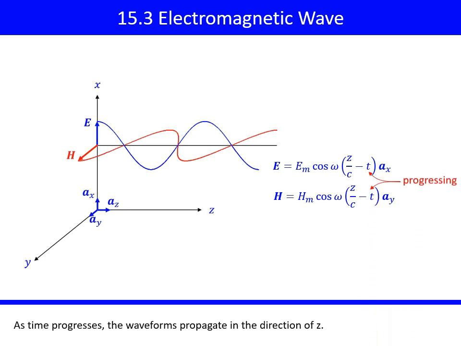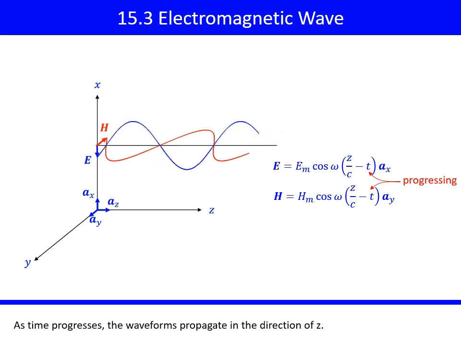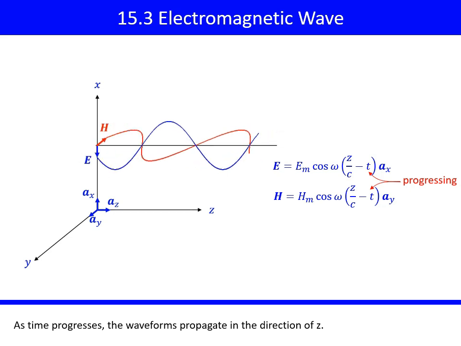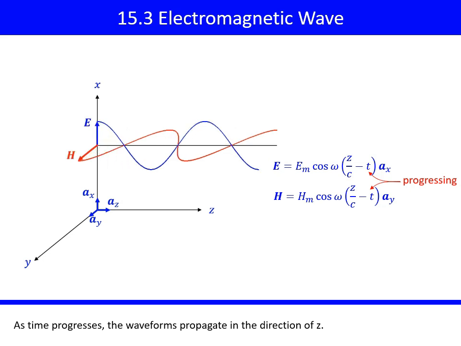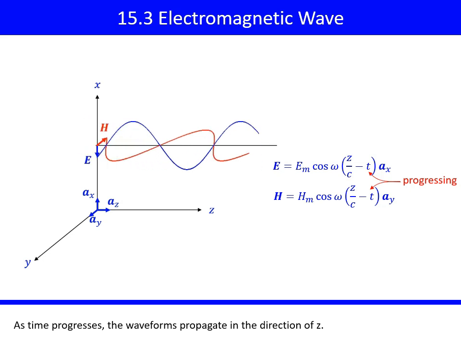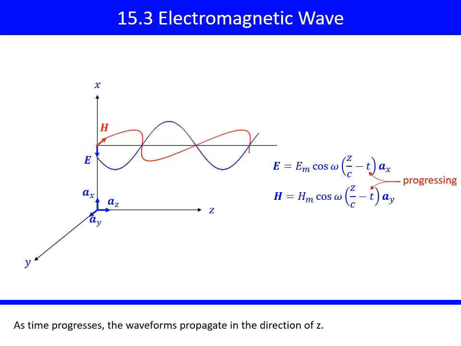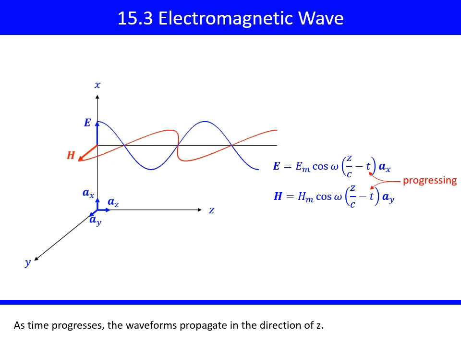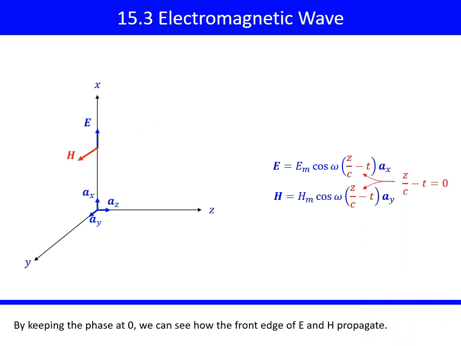As time progresses, the waveforms propagate in the direction of z. By keeping the phase at 0, we can see how the front edge of E and H propagate.